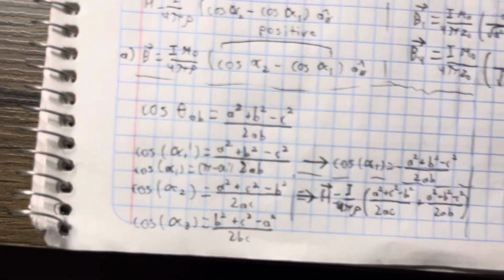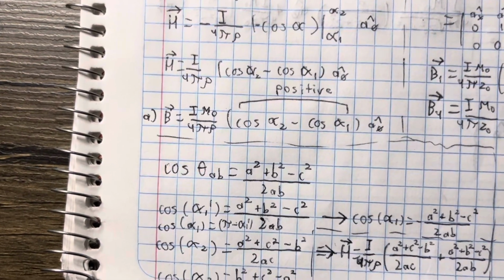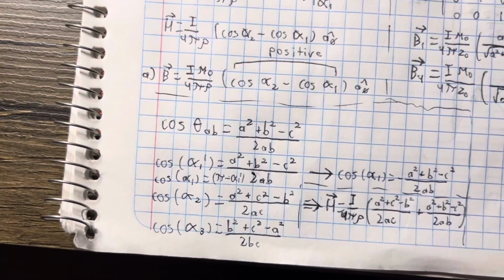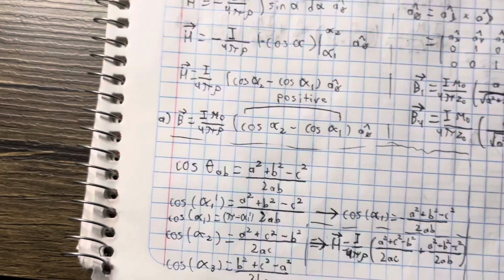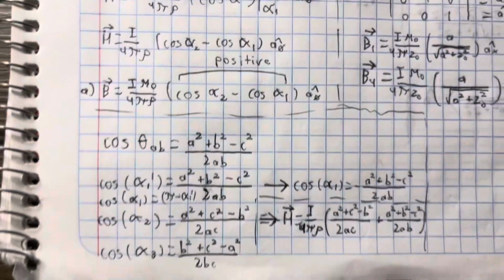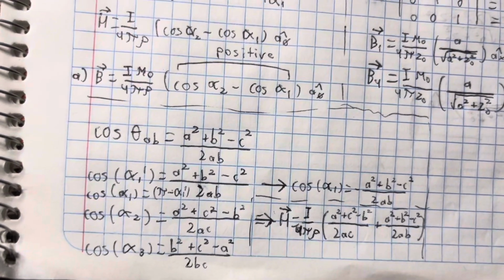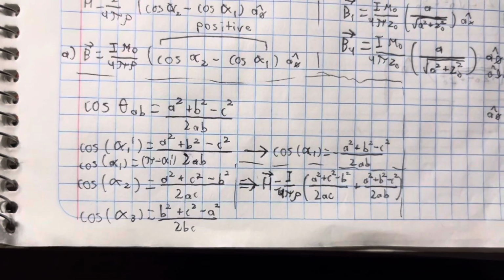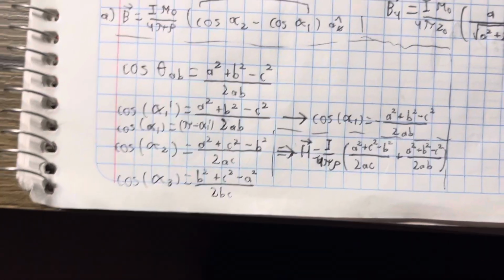And then replacing the angles, and using the adjacent and the opposite and all that, we got the cosine of alpha 1 prime, that was the one on the inside. The cosine of alpha 1 was the one on the outside. And we got cosine of alpha 2 and cosine of alpha 3.